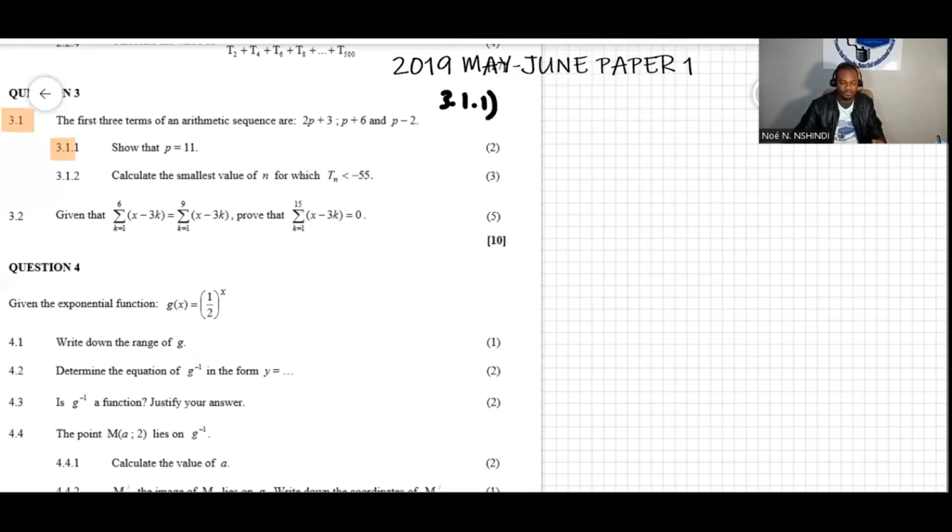Okay, first of all, 3.1. It is said that 2p plus 3, and then p plus 6, and then p minus 2 are the first three terms of an arithmetic sequence. Because the sequence is arithmetic, we understand that it has a constant difference.